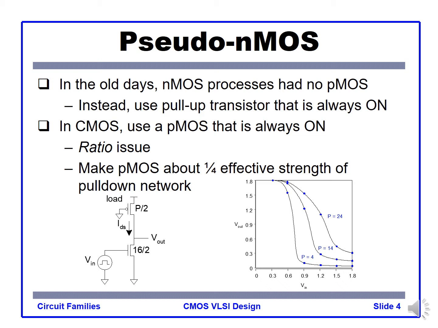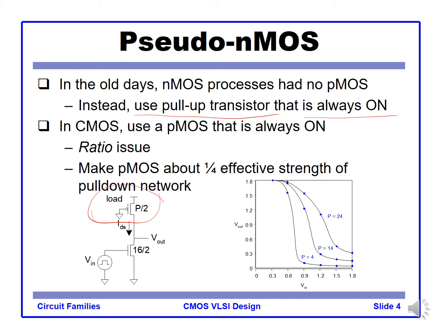Only NMOS was there. In such a case, we made the pull-up transistor always on, similar to this. In the old days, that kind of pull-up was also made out of NMOS.